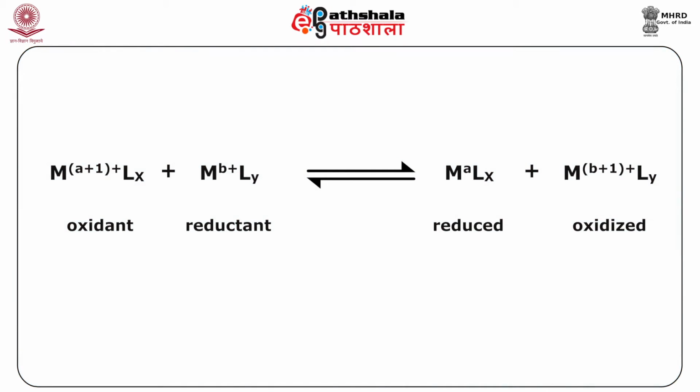The example is like M with A+1 charge having x number of L ligands and another metal ion with B charge and y number of L ligands reacting together and forming M with N+ charge with x number of ligands, meaning the charge was reduced, and in the reductant, M with B+1 and y number of L ligands.